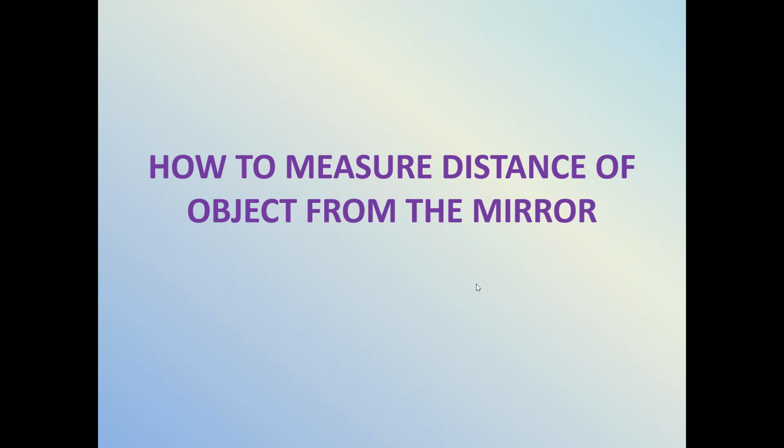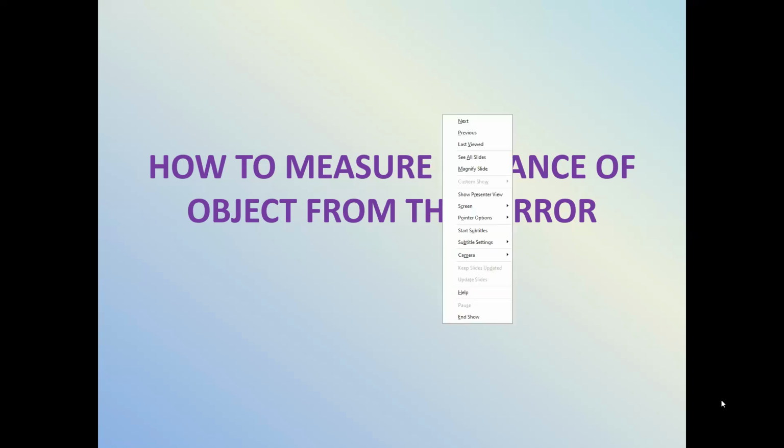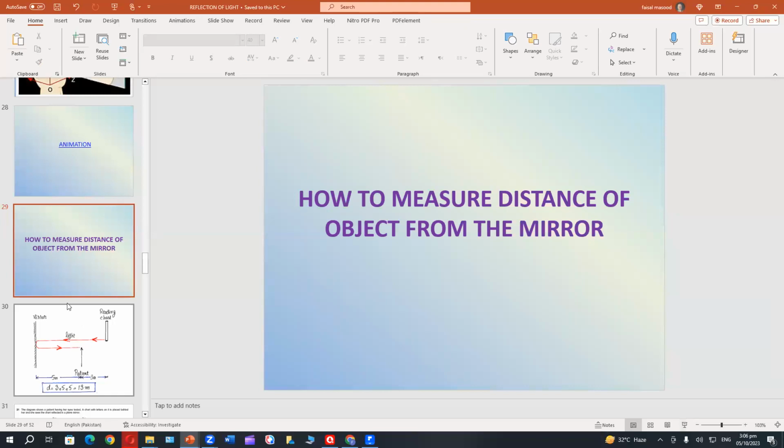So give the heading: how to measure the distance of an object from the mirror. So when you look at something in the mirror, light enters the mirror and comes back to you.